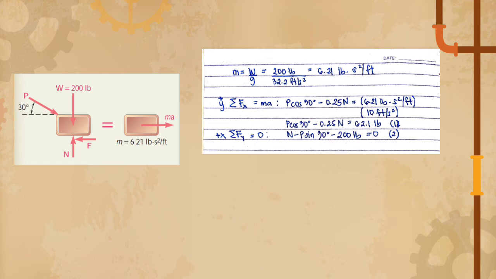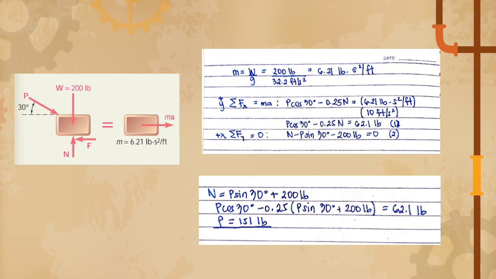Solving for N and substituting the result into equation 1, we obtain N is equal to P sine 30 degrees plus 200 pounds, which leads to P cosine 30 degrees minus 0.25 times the quantity P sine 30 degrees plus 200 pounds, which is equal to 62.1 pounds.